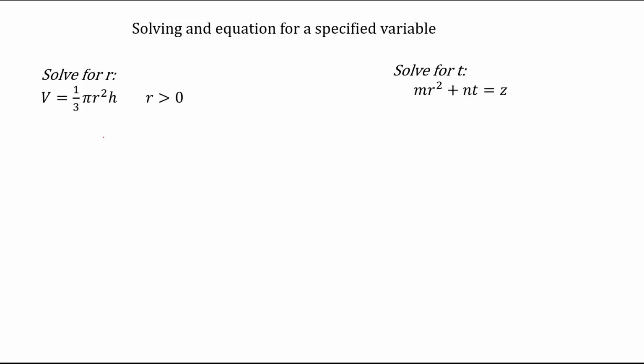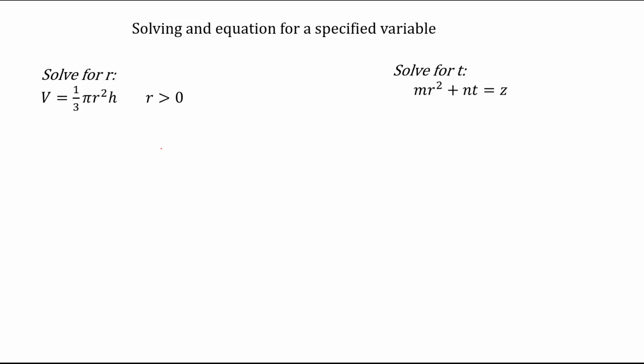That is the volume of a cone, actually, and the reason they're telling us that r is greater than 0 is because during this problem we're going to have to take the square root of r squared, and they want us to know there's only one possibility because r is positive.